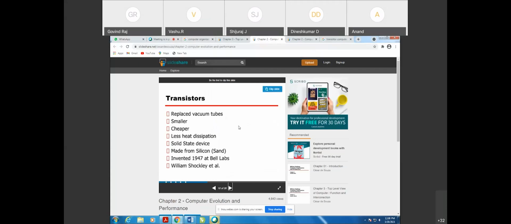So the transistor reduced space, then it became cheaper than the vacuum tubes. A vacuum tube is an electrical component, this is an electronic component. So its manufacturing cost is very low. And it produces less heat comparing to the vacuum tube, because a vacuum tube takes more electricity, around 140 kilovolt.